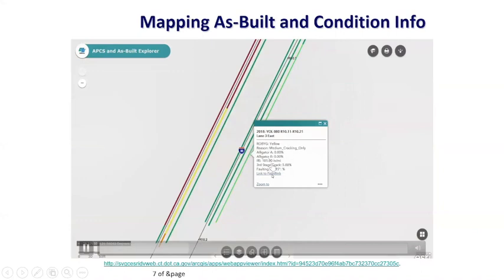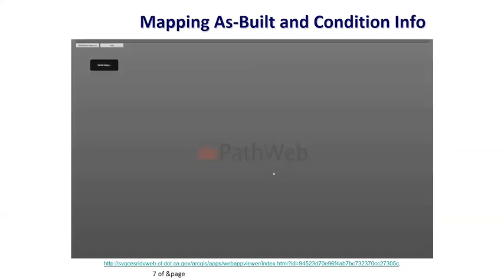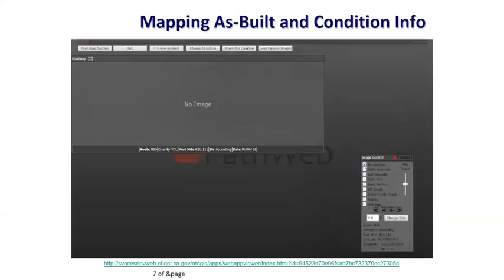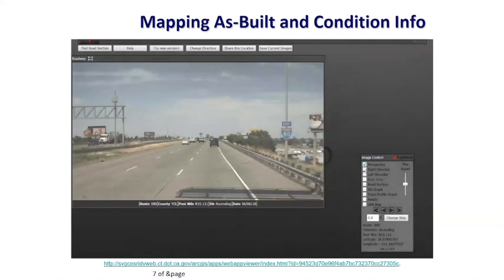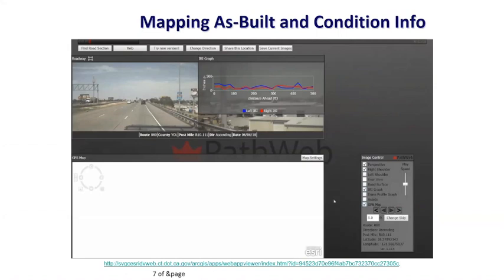See, that's the surface information at this time. And this one can also link with the APCS data on the fly. Basically, you click on the post-mile location, click on a certain condition, a little tenth-mile piece of information, you link all the way to the images of the pavement.